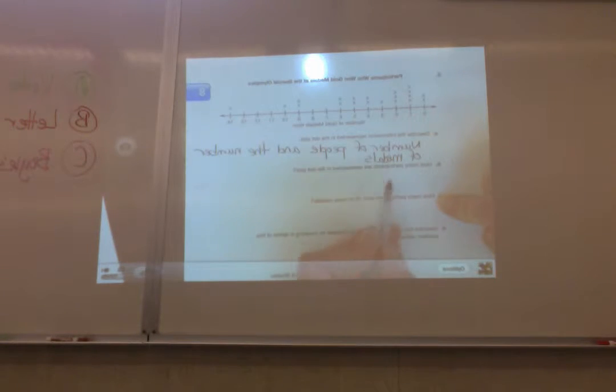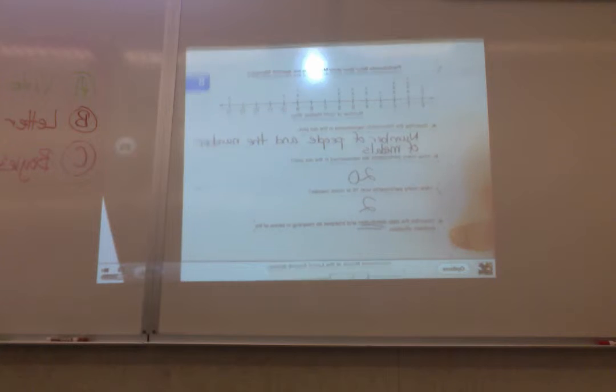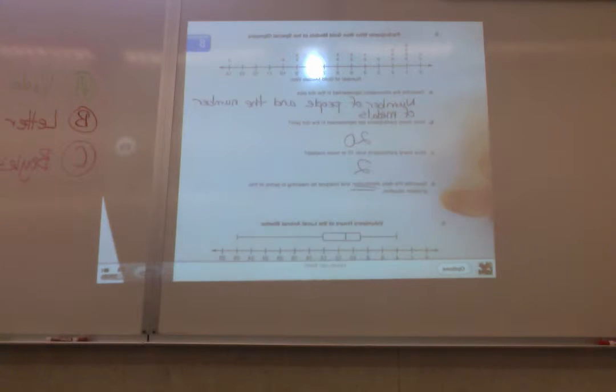Brian, how many participants? Okay. Chris V, how many won 10 or more? Okay. Describe the data distribution. Symmetric or is it skewed?